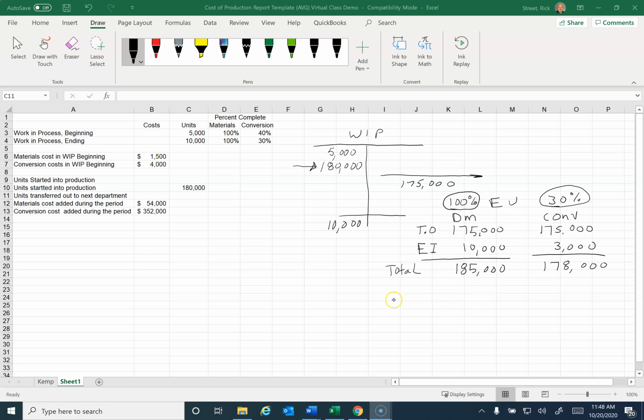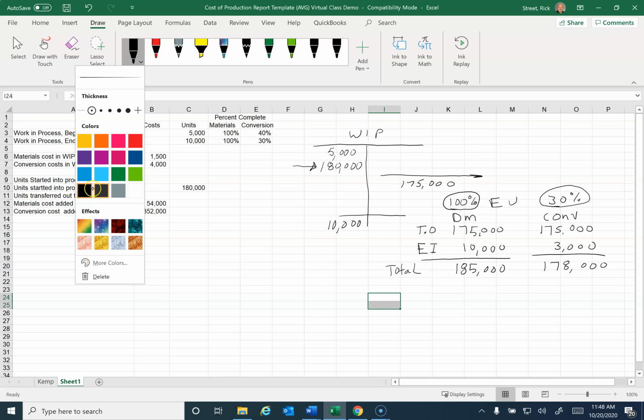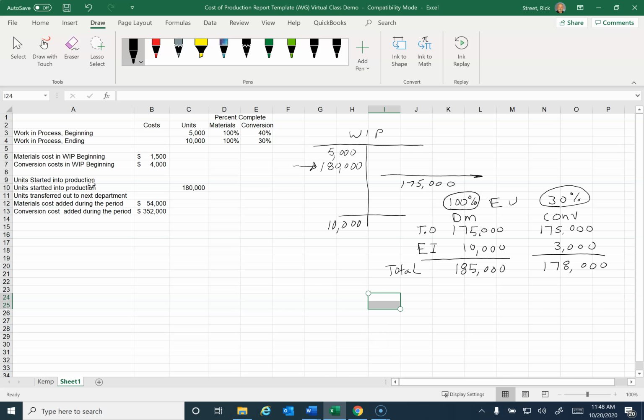So costs, I don't know how I got that shape in there, but here we go. Costs at the beginning of the process for materials, we had $1,500 and $4,000 for conversion costs.